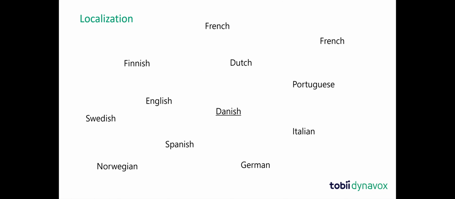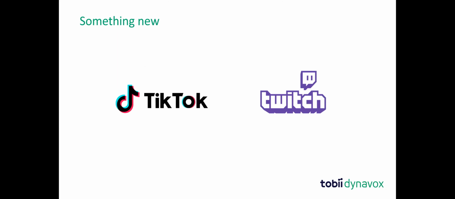We're really looking forward to getting new stuff out there as well. So you can all try it out. And just as a sneak peek for you right here, right now, we're actually really close to releasing 2 new applications for the accessible apps, and that's TikTok and Twitch.